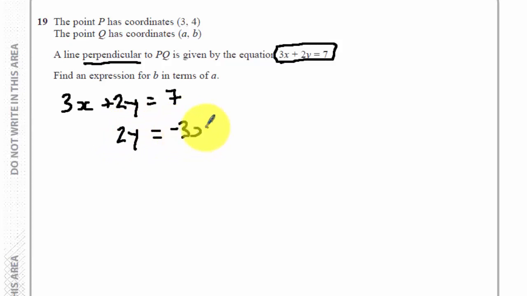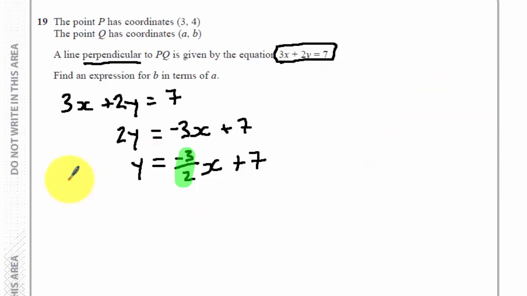So my first step is to take 3x from both sides, and then if I divide by 2, I've got the equation in the form y = mx + c, and this value here is the gradient of the line. Going through that process picks you up the first of 5 marks.